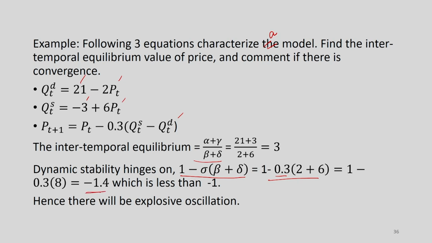And minus 1.4, as we know, is less than minus 1. So, there is going to be instability, right? And it is oscillatory instability because this is negative. The B term is negative and it is less than minus 1. So, there is going to be explosive oscillation.